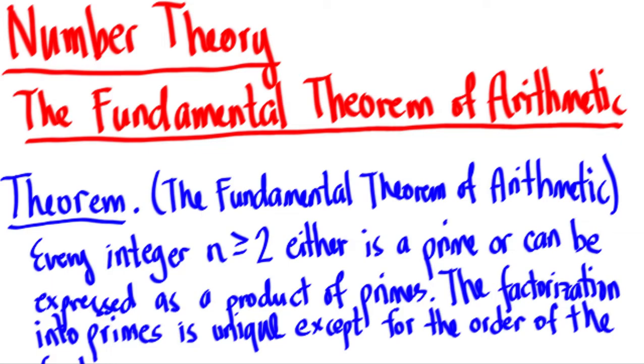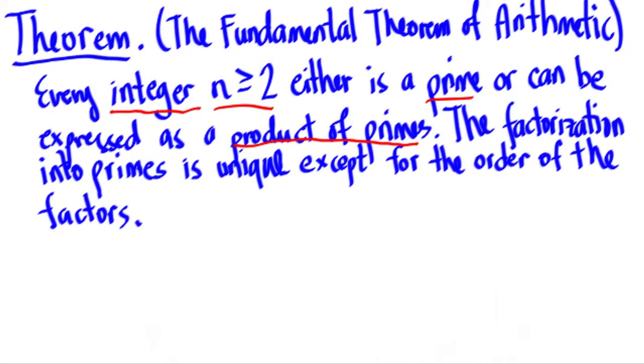So let's have it. Okay, so here, theorem. This is called the fundamental theorem of arithmetic. It states that every integer greater than or equal to 2 is either a prime or can be expressed as a product of primes.